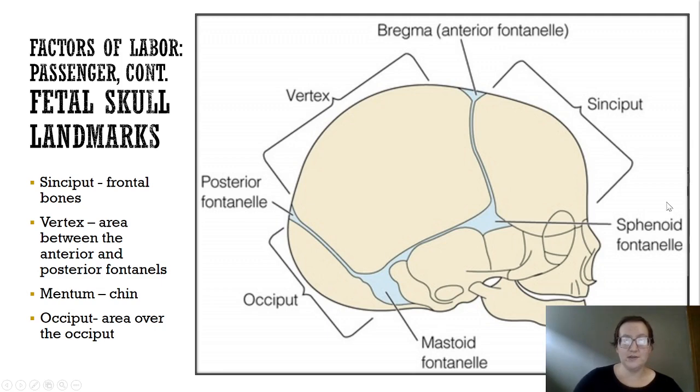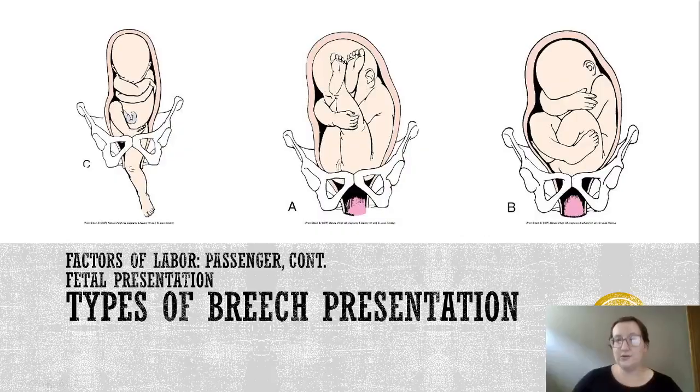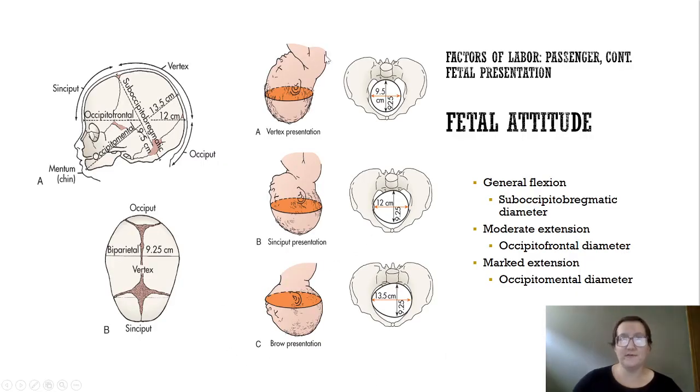Sinciput, remember, this is the part of our brow here, or our frontal bones. The vertex, the mentum, the occiput. And those three presentations were breech, shoulder, or cephalic. Now let's talk about further here within the attitude. Our presenting part is still going to be cephalic, but we're going to have a vertex presentation, a sinciput presentation, and a brow presentation when we're talking about the attitude.